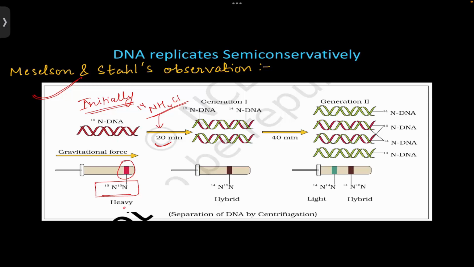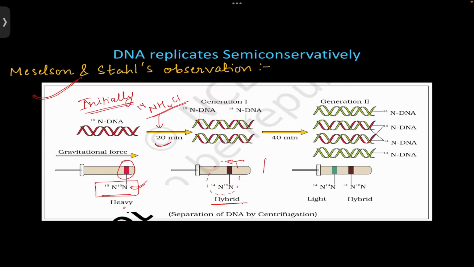After 20 minutes, when they analyzed the DNA samples from these E. coli cells, they saw that a band was obtained, but it was towards the top, above this red band, which means it is showing a hybrid DNA, a mixture of both N14 and N15.